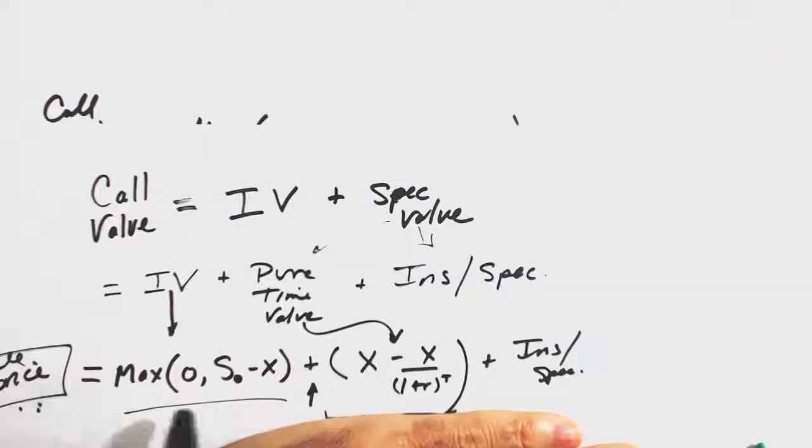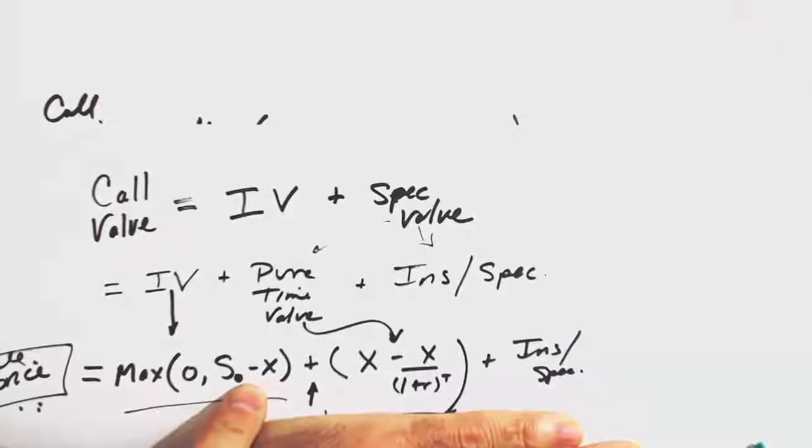When you exercise an American option, what happens is you end up grabbing the intrinsic value. So you're looking at an American option, which can be exercised early, and you exercise it, all you get is this component right here, assuming it's in the money. Obviously, it's got to be in the money. You'd be crazy to exercise an option early that's out of the money. You're literally throwing money away.